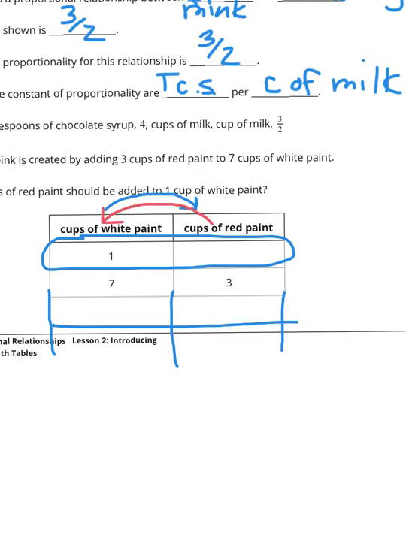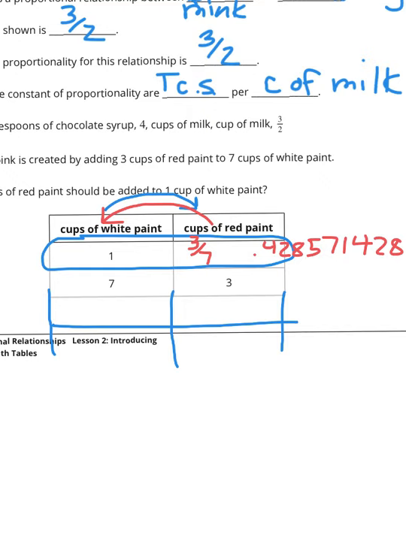Now we could do that as a decimal, 3 divided by 7, and you'd get a decimal. Or we could just write 3/7. 3/7 means 3 divided by 7, and we're done. If you want to turn that into a decimal, that's okay. Just be careful because it is a repeating decimal, but it doesn't repeat for a long time. I think it's 0.42857142857 and keeps going on and on.